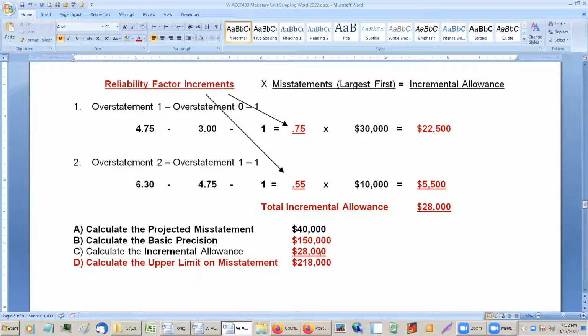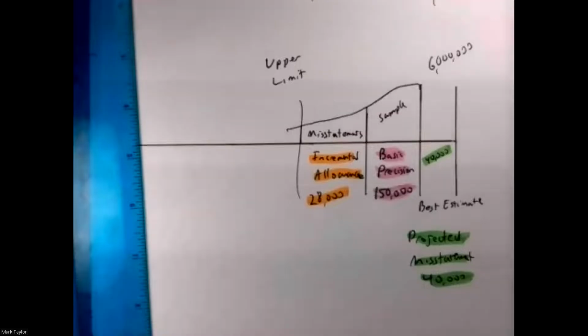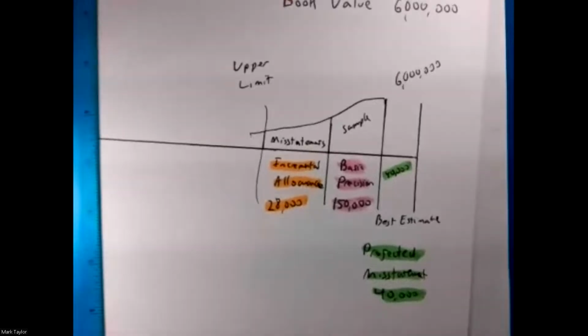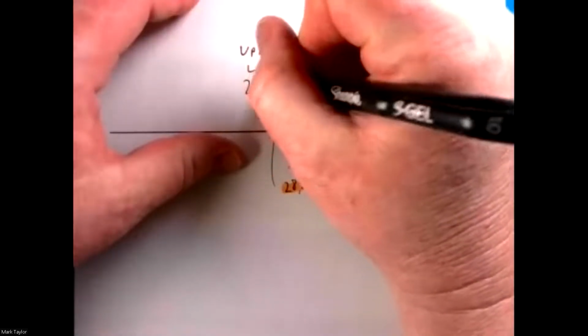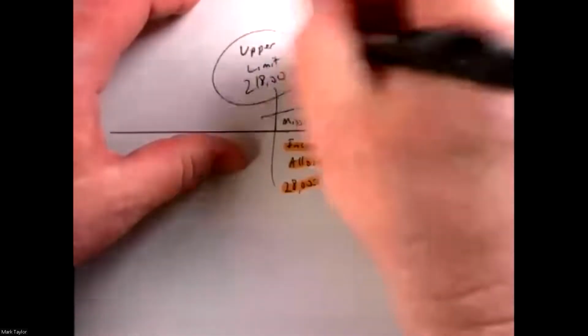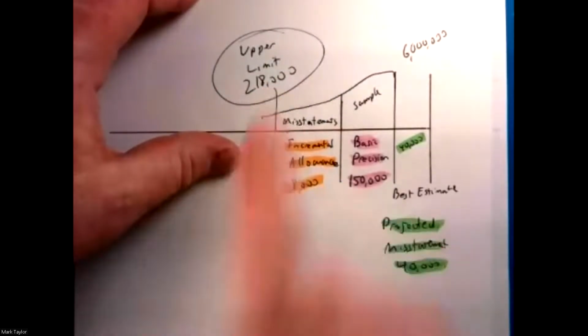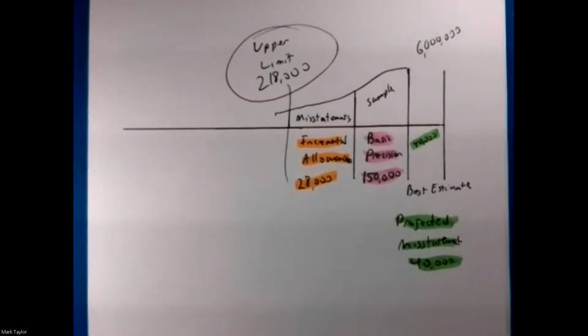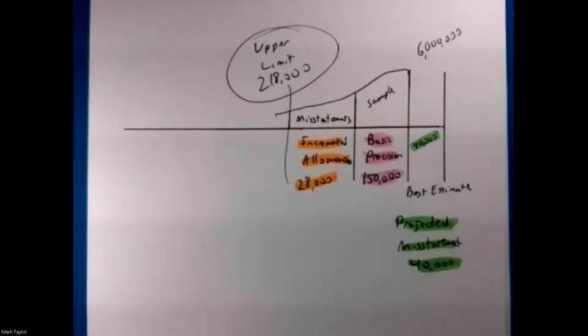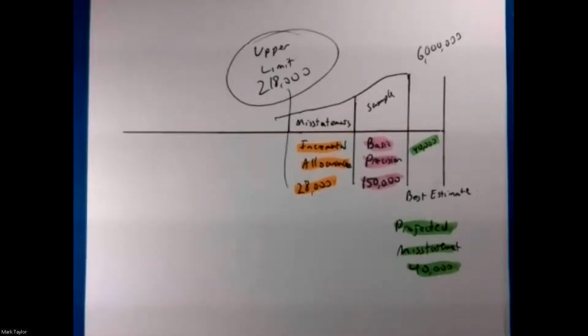So going back to this thing, now what we're saying is the upper limit is this, and this is the number that we would use to see if we could accept the amounts that they're giving us or not.